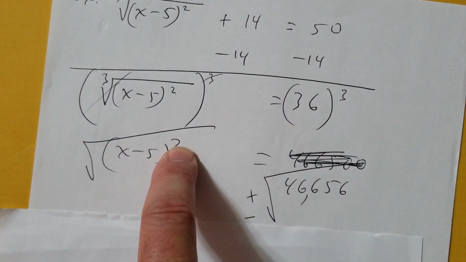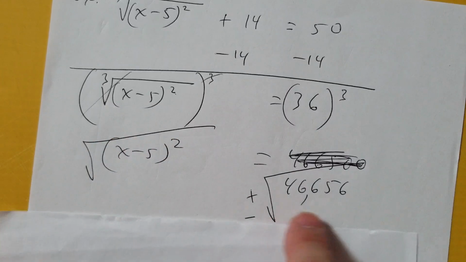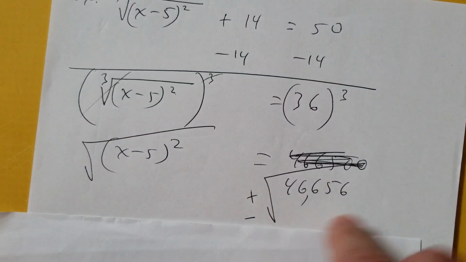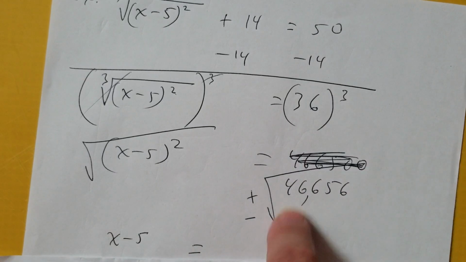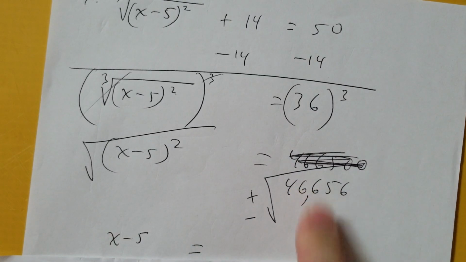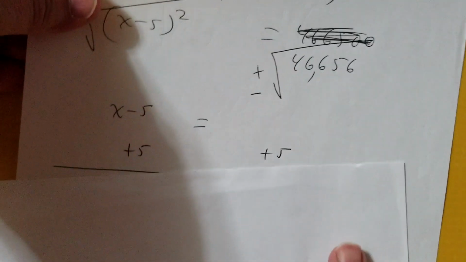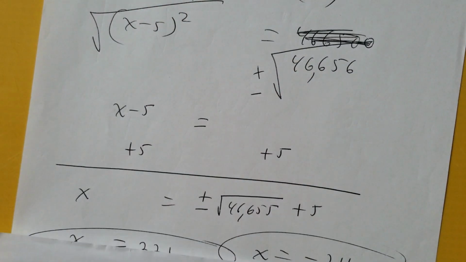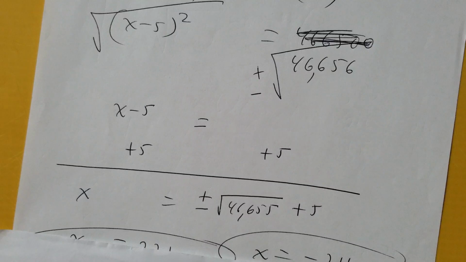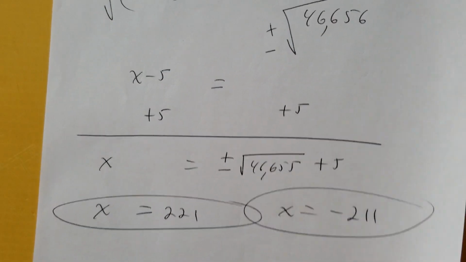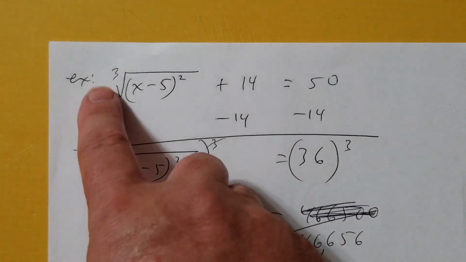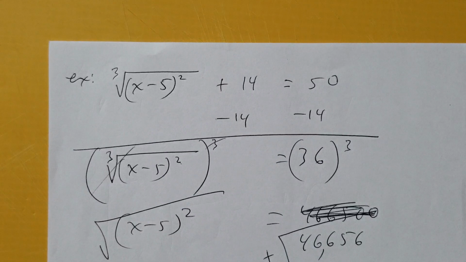So now the square is gone, and whatever the answer to that is, plus minus, right? So x minus 5 is equal to plus minus that, whatever the calculator says. And then you do plus 5, and you get a large number. Okay, yeah, this is all calculator work in the end. But all you got to keep in mind is that you get the radical alone, and then you use all algebra after that.